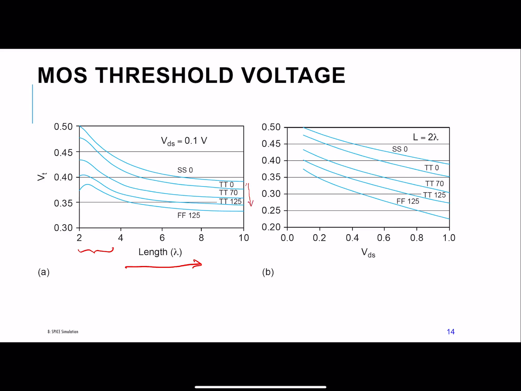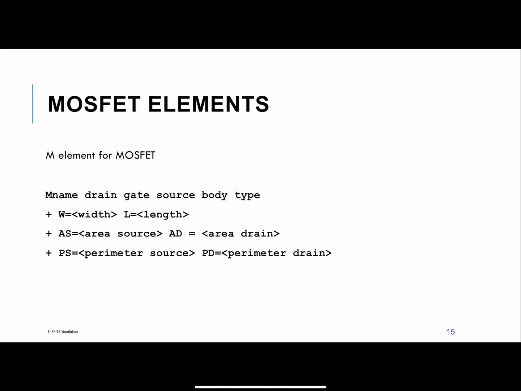And then, so this is typical. So this is that corner of the simulations, a different simulation, a different temperature. This is slow, meaning both your NMOS and PMOS are slow, and this is fast, both NMOS and PMOS being fast. Okay, so this is just simulating different parts of the process. So this is just saying you can simulate different process corners, okay?